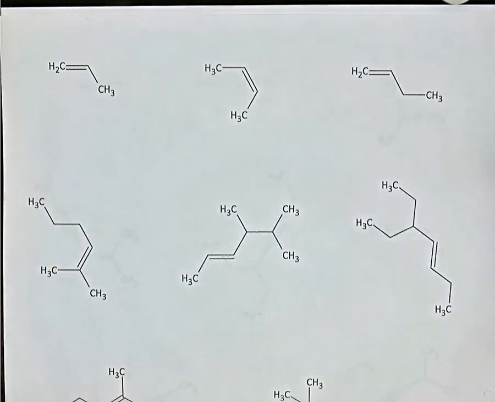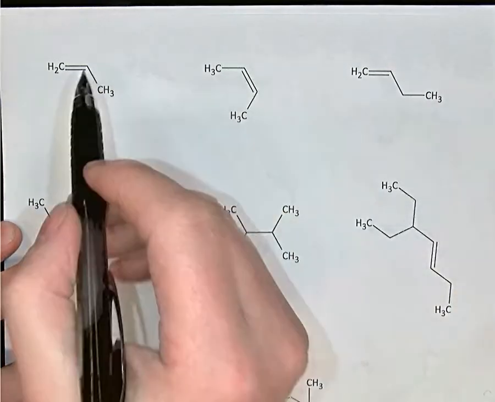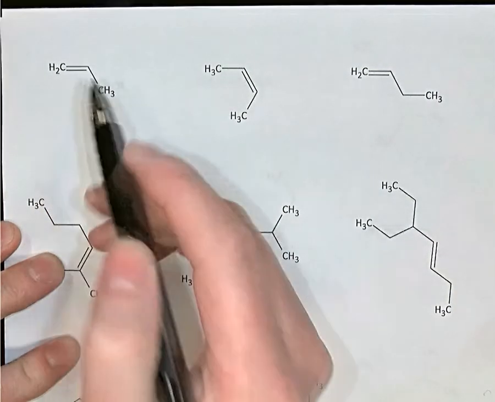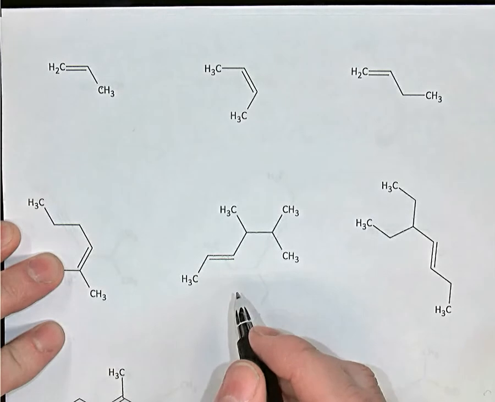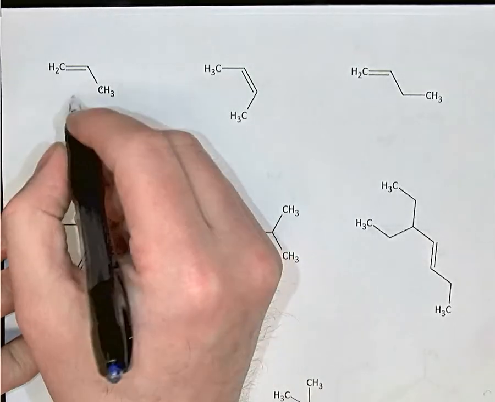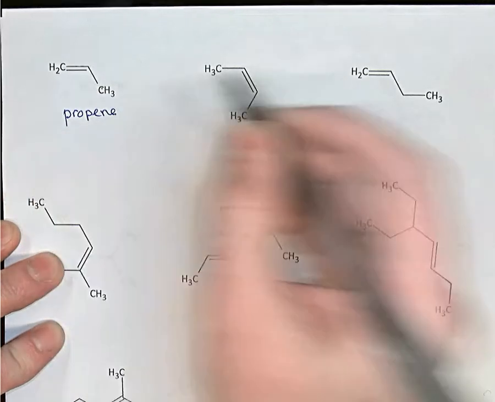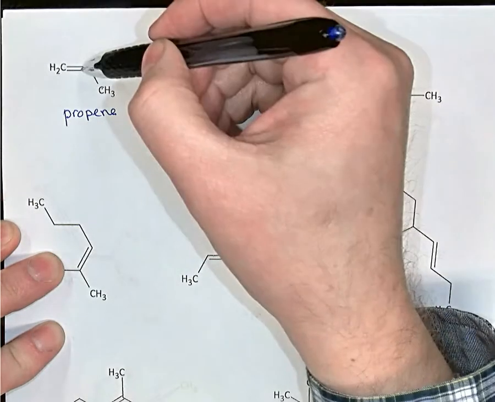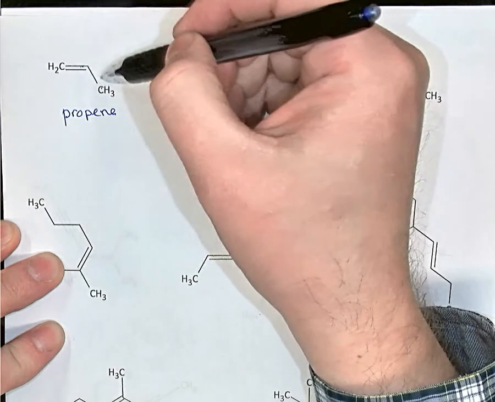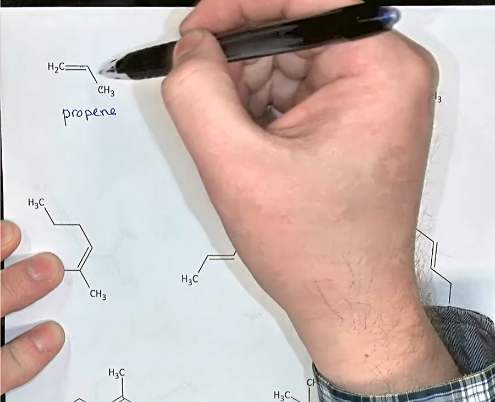Alkenes, you remember, their names will end in -ene, E-N-E. Now in this first case, there's 1, 2, 3 carbons. So instead of propane, this is going to be called propene. Now, the double bond here is the first bond in the molecule. There's 2 bonds here, the first one.